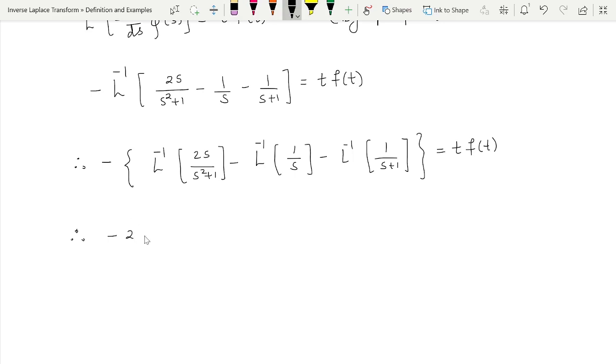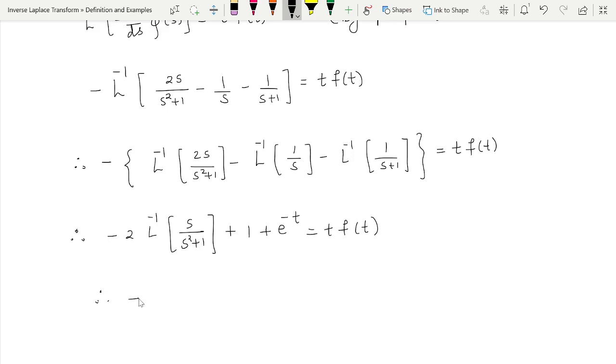So minus 2 times L inverse of s upon s square plus 1, and we already know the inverse Laplace transform of 1 upon s, which is 1. So over here I will have plus 1, and this will be plus e raised to minus t, which is equal to t multiplied by f of t.